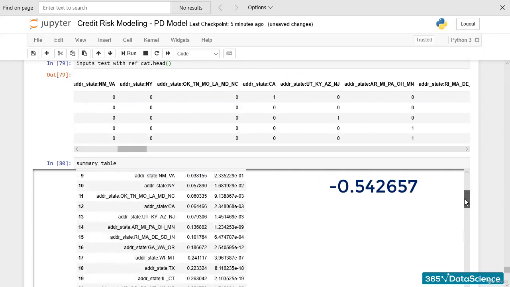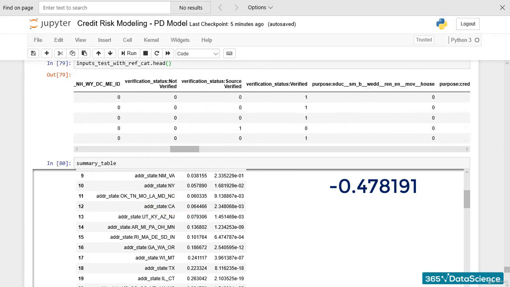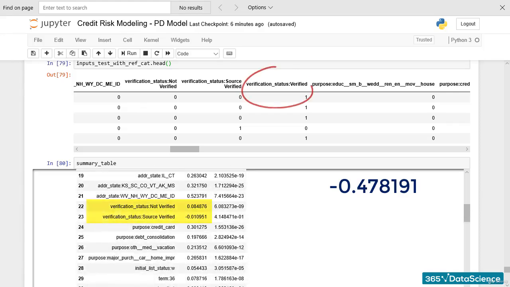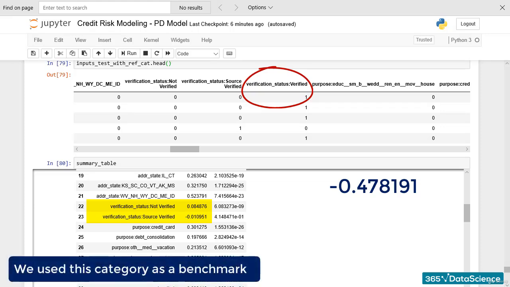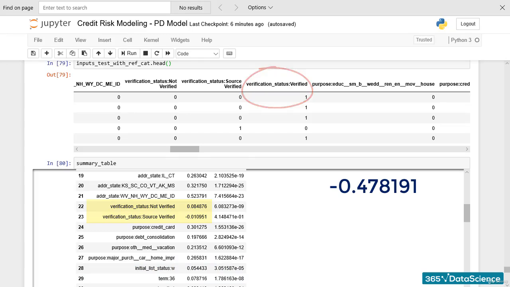According to the data, the borrower lives in California, so we can add the coefficient for California, or 0.064466, and get minus 0.478191. What's the borrower's verification status? Verified. But there is no coefficient for this verification status because we used it as a reference category. Hence, we add 0. The total remains unchanged.